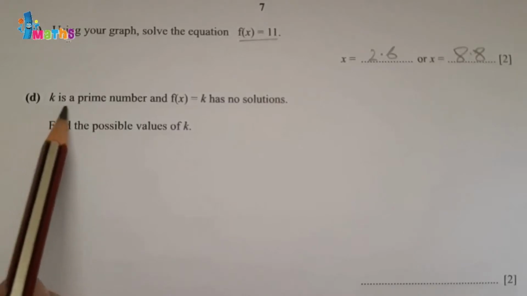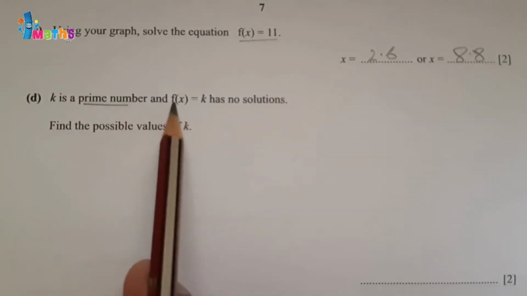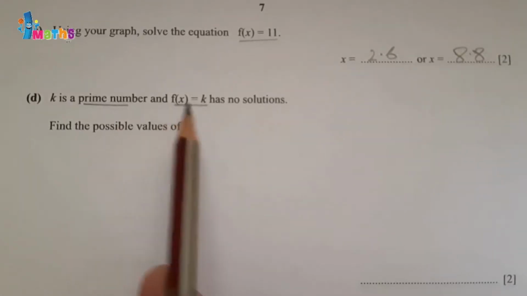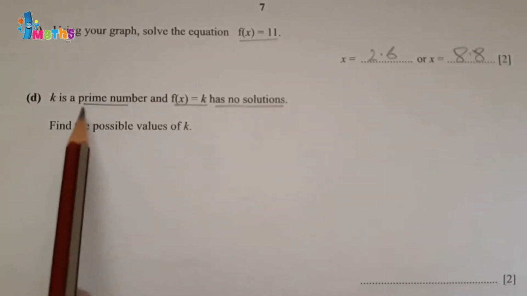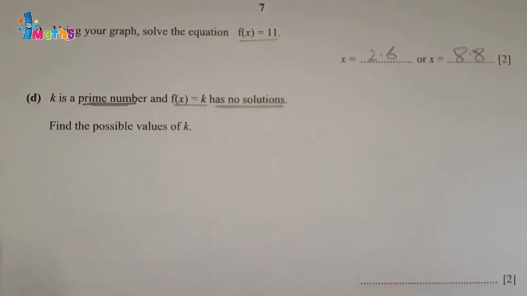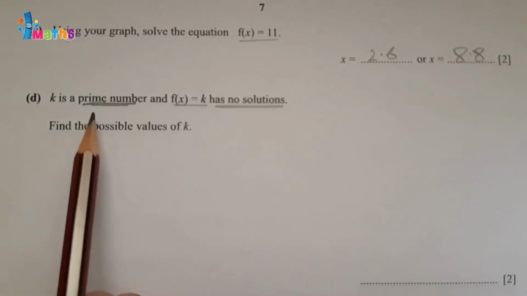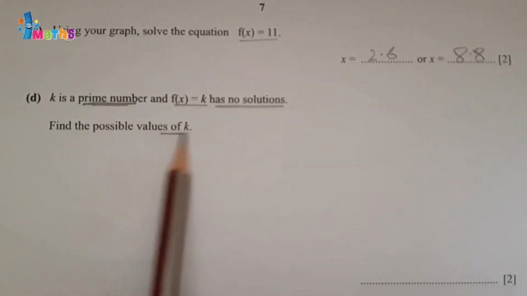Part D. k is a prime number, and f of x is equal to k has no solutions. This is important. It is a prime number and has no solution. No solution means it's not intersecting the graph. Find the possible values of k.